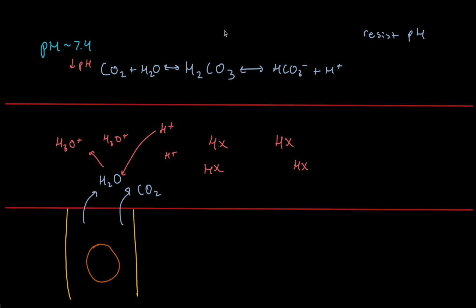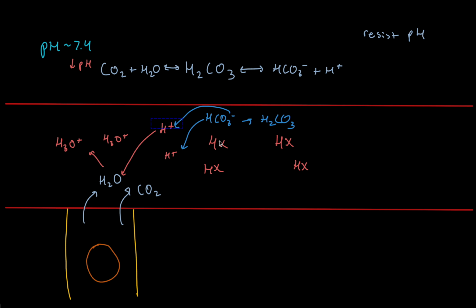Our bicarbonate, HCO3 minus, is going to be taking these hydrogens to produce H2CO3, and by taking these hydrogens, we have prevented this decrease in pH. This is how our buffer resists a decrease in pH when we have a strong acid in the bloodstream. This is specifically how our bicarbonate buffer works.